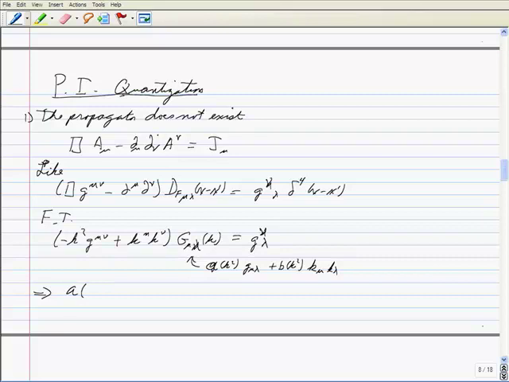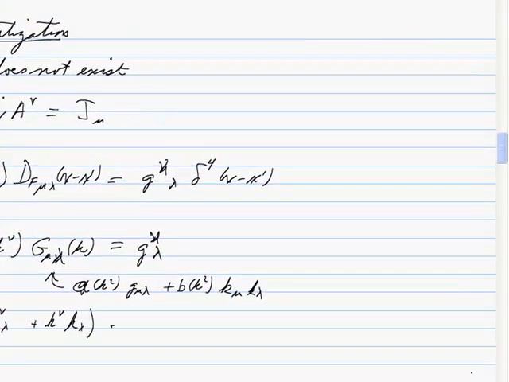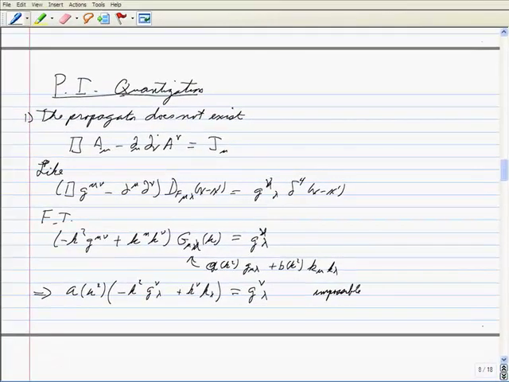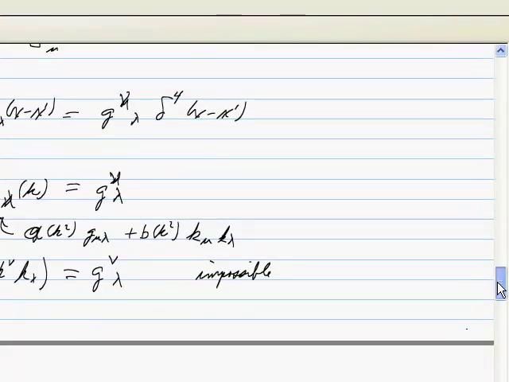When I do a on it, I get a times k squared minus k squared G nu lambda plus k nu k lambda equals G nu lambda, which is impossible. So there is no inverse.